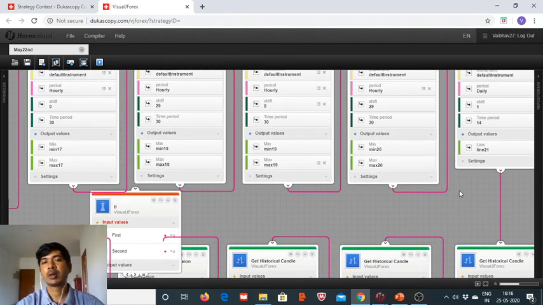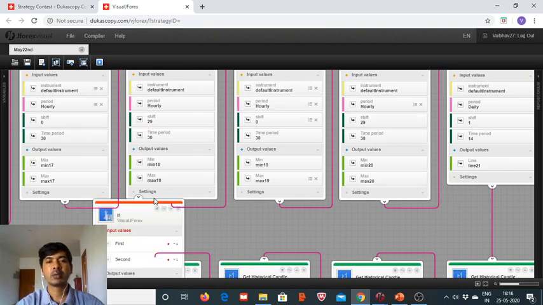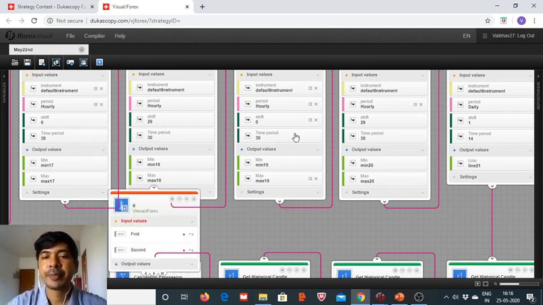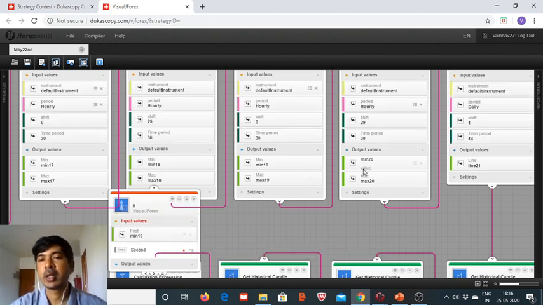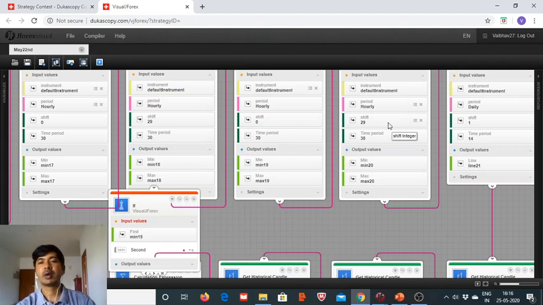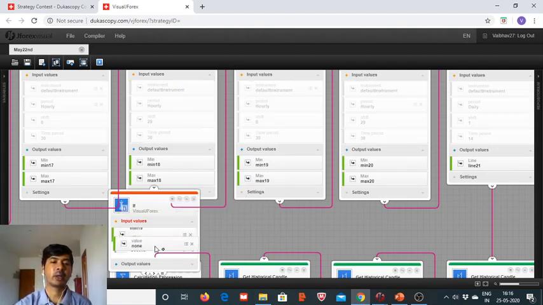So we take this minimum value, the current minimum value should also be greater than the value 29 hours back, that is more than a day back, and it should be rising for the buy trade to happen.